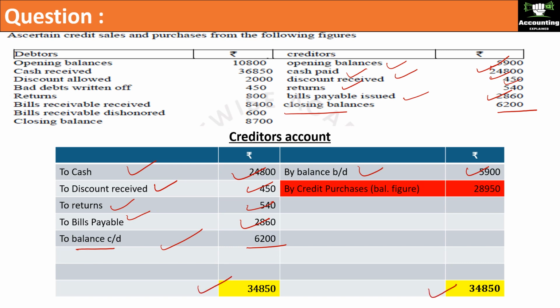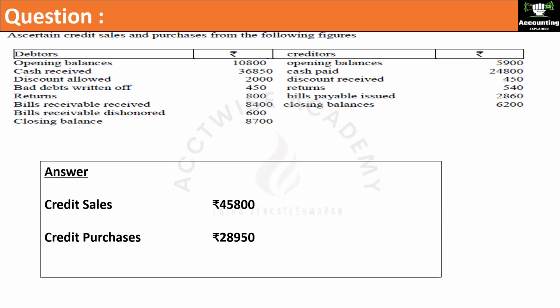On deducting the debit balance, we get the balancing figure of 28,950, which is our credit purchases. So credit purchases is 28,950. We have found the credit sales as rupees 45,800 and credit purchases as 28,950.